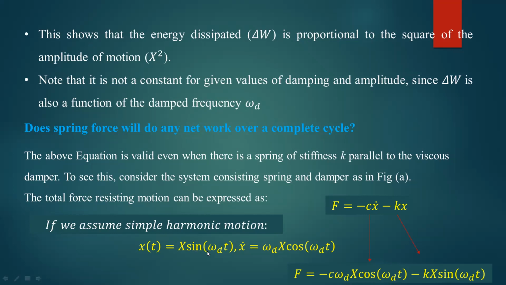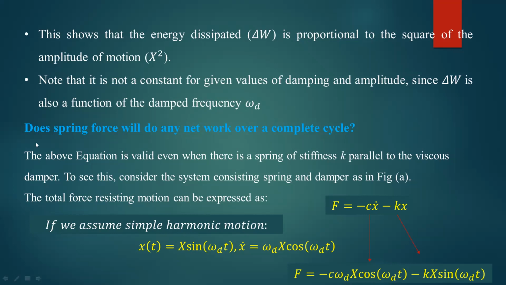When sine goes to the negative side, that is, omega d t equal to 270 degrees, then it is minus. At 90 degrees, it is plus 1, or plus X, because the sine function will not exceed the range from 1 to minus 1. The remaining is only the amplitude of the motion.